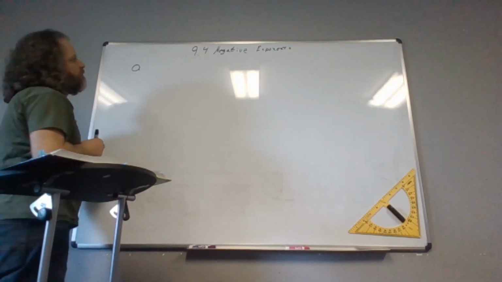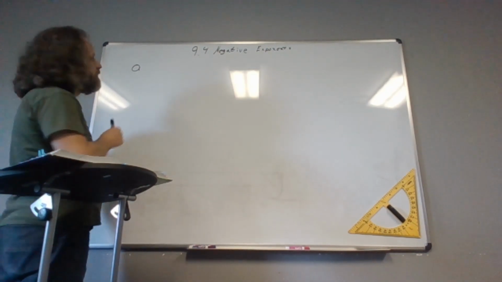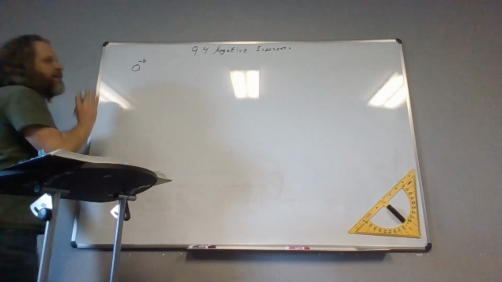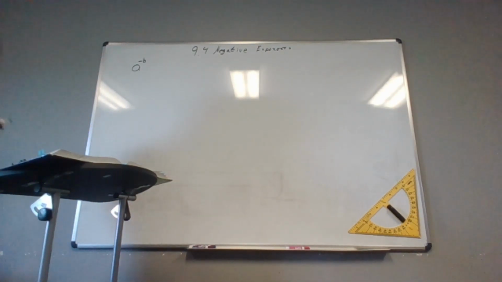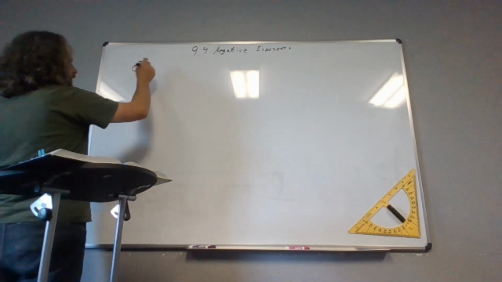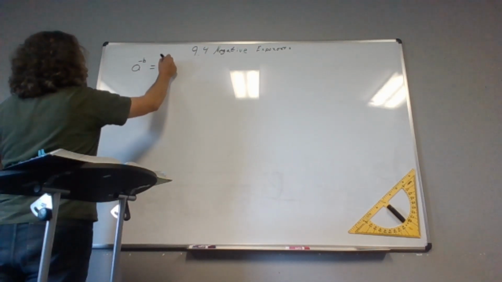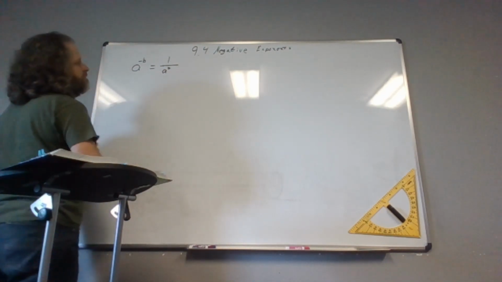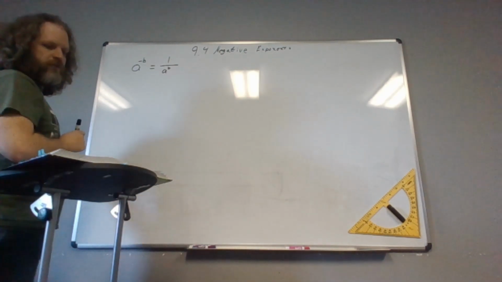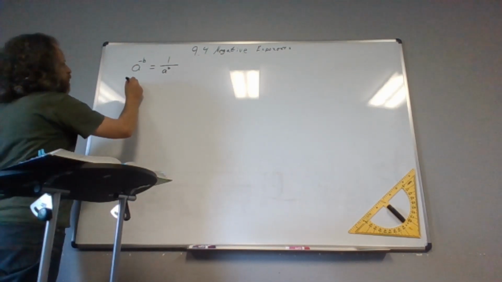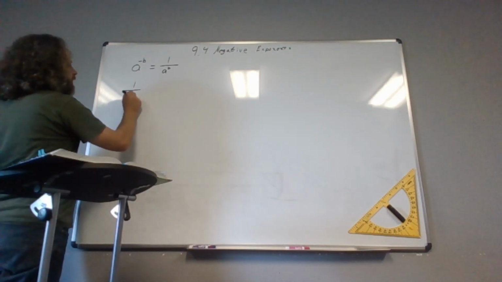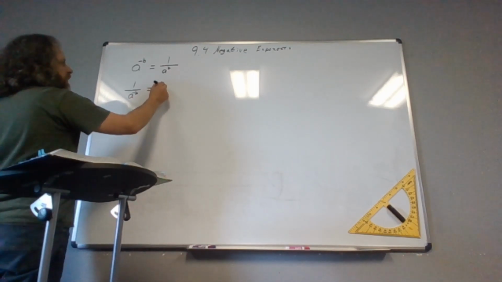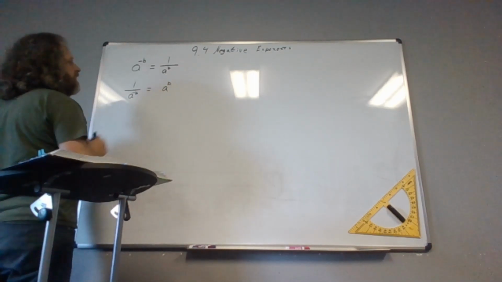If we have a number to the negative exponent, whatever it is, like a to the negative b, that equals 1 over a to the b. Also, if we have 1 over a to the negative b, that equals a to the b.